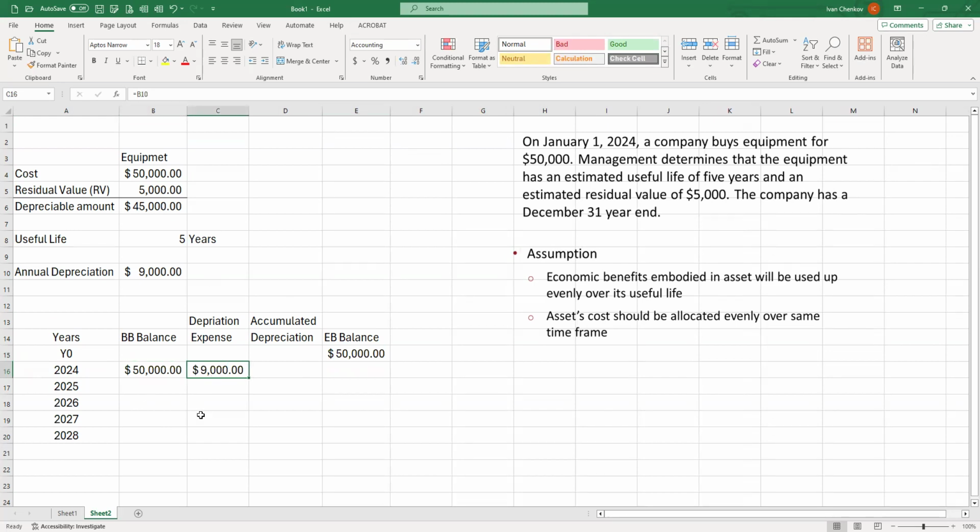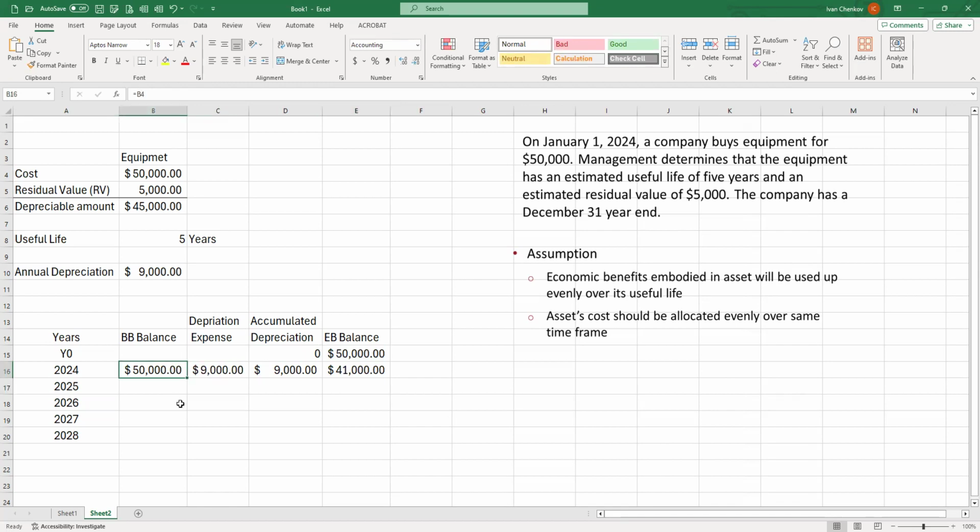The depreciation expense was $9,000. Accumulated depreciation at this point, since we started was 0, now it's going to be equal to 9,000 plus that 0 from before, so it will be 9,000. And our ending balance at the end of the first year, since we purchased on January 1st, is going to be beginning balance minus the $9,000 of depreciation. It's going to be 41.